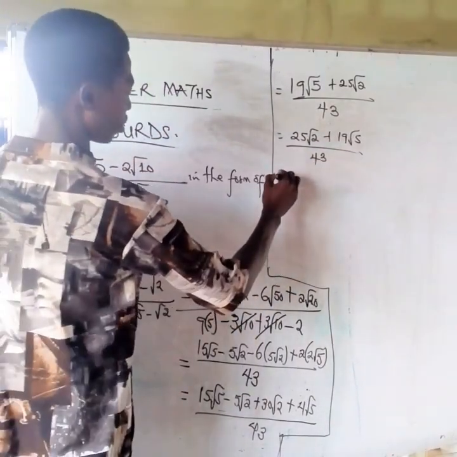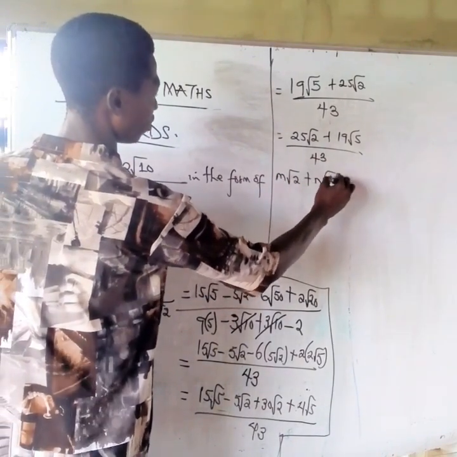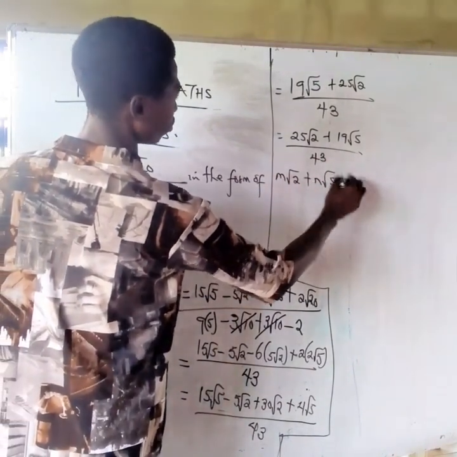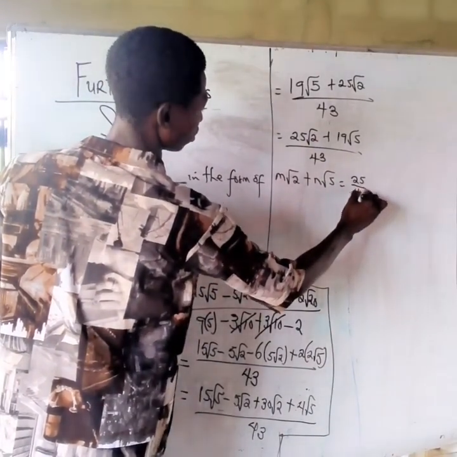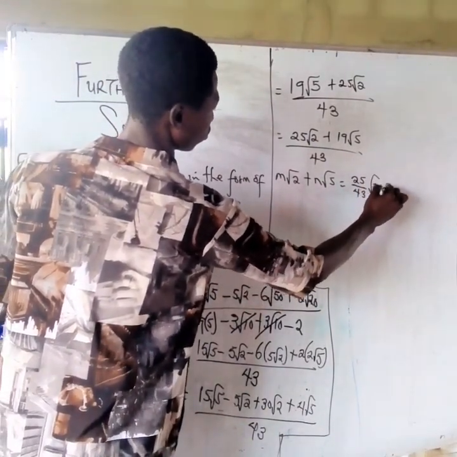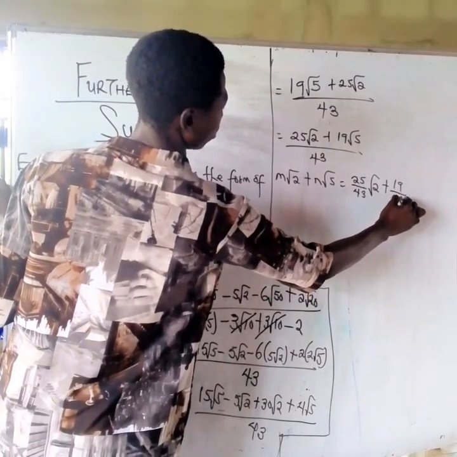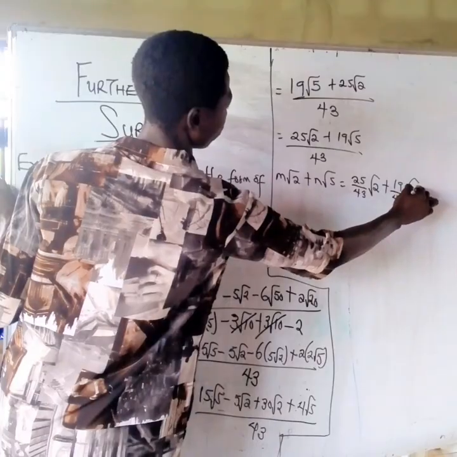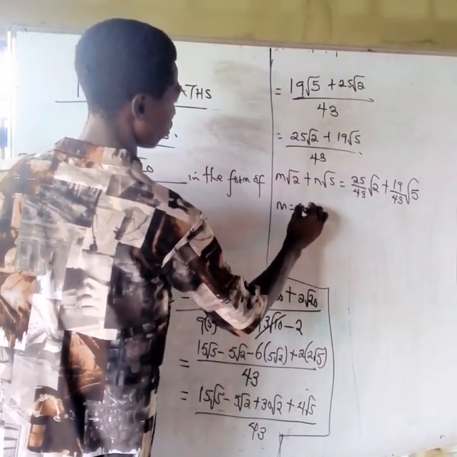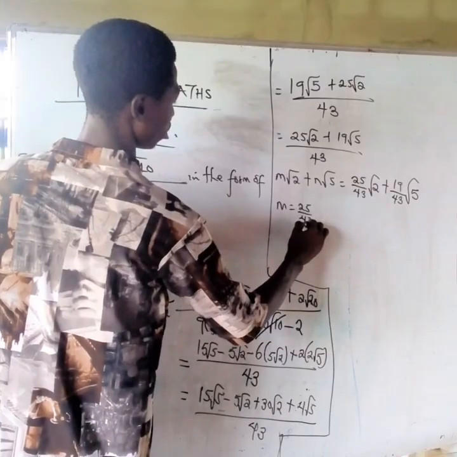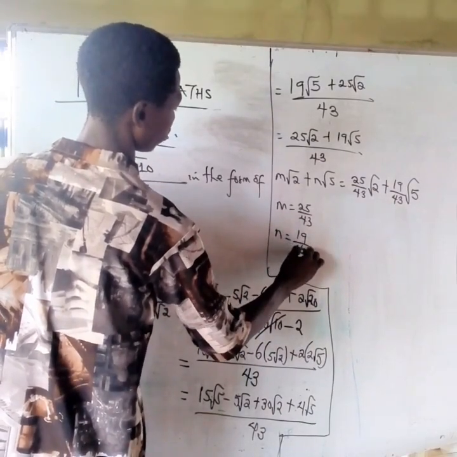So bringing out the format, m root 2 plus n root 5 is equal to 25 over 43 root 2 plus 19 over 43 root 5. So that means m is equal to 25 over 43, n is equal to 19 over 43.